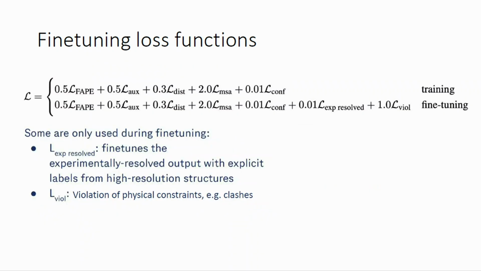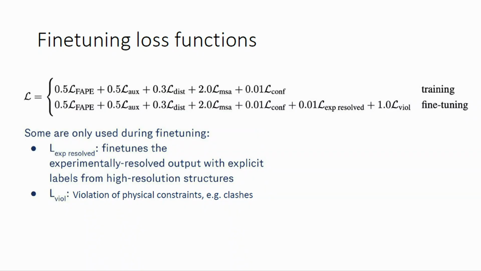Additionally, there are experiment-related outputs, which are only introduced during the fine-tuning stage, and this violation loss, which is an interesting thing. It's hard to imagine that with only the frames you can preserve the bond angle between two amino acids pretty well, and that just by making these relative movements you're not making any clashes, because you're not aware of where the atoms are. This is a question people ask a lot when the AlphaFold team gives talks.